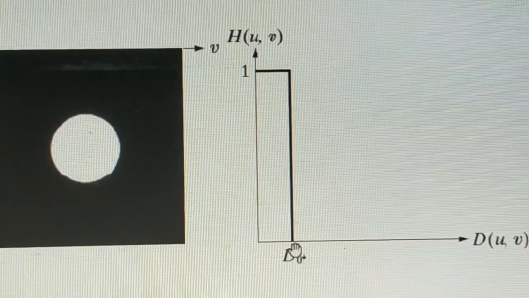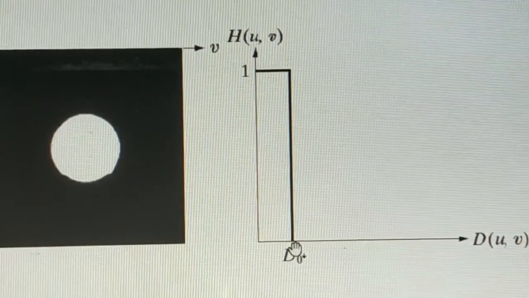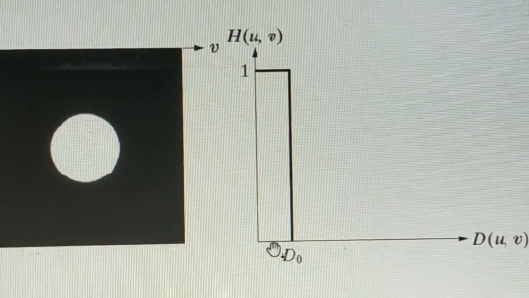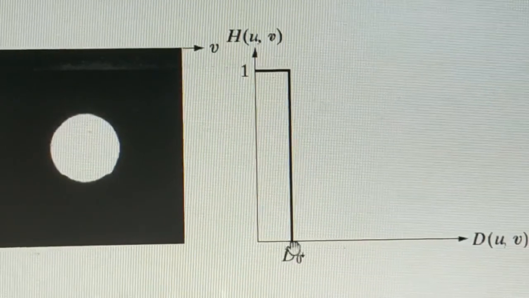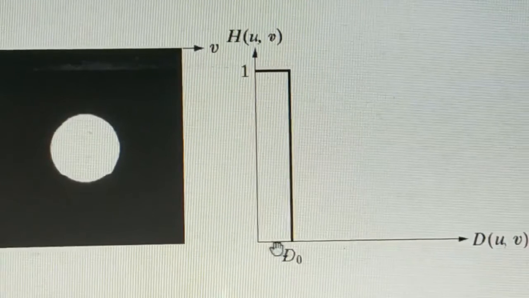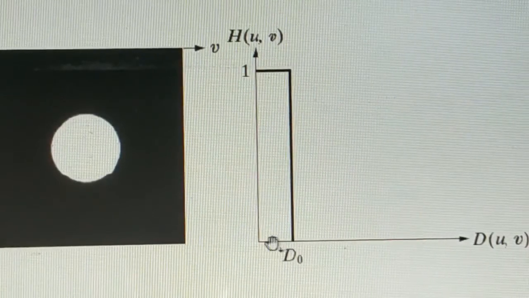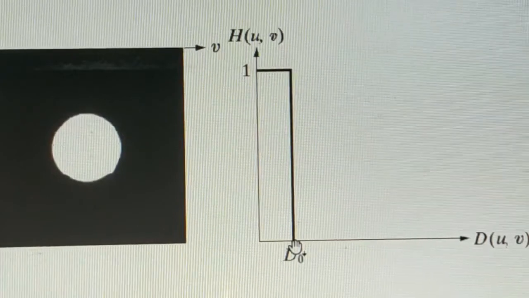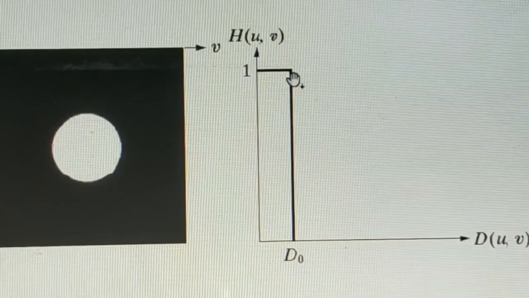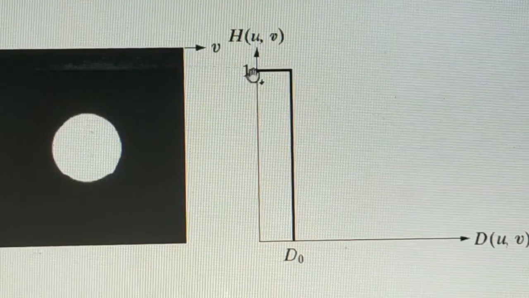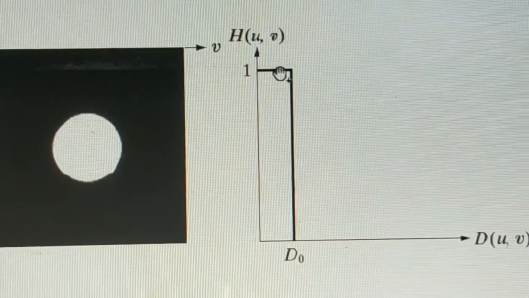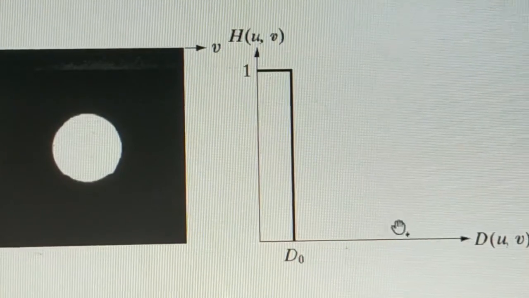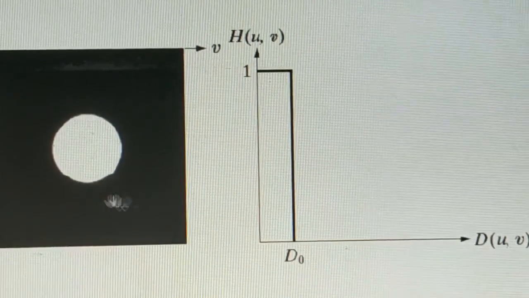Up to d0 is the pass band, and as we saw in the expression, up to the distance d0, up to the frequency d0, because the distance is representing frequency here, H(u,v) has a magnitude gain of 1, and beyond d0 it is 0. This clearly corresponds to the image plot.